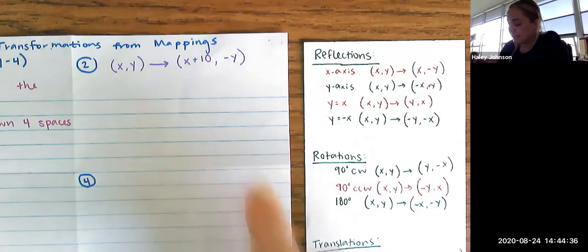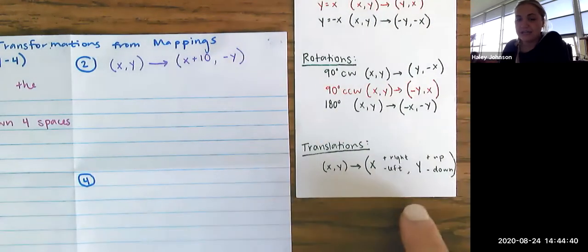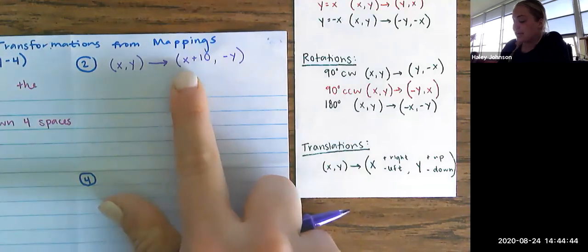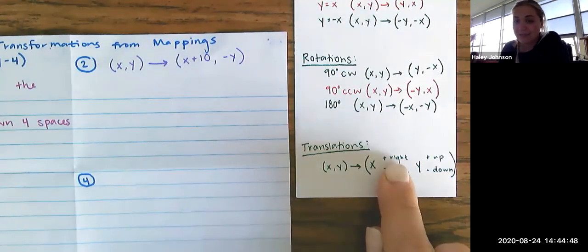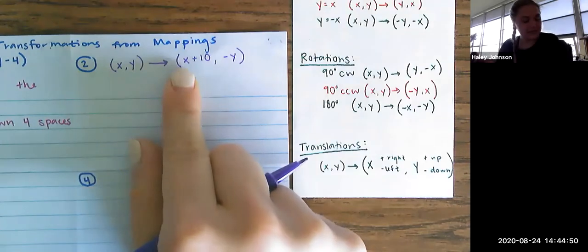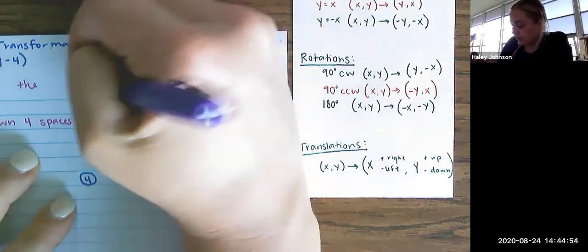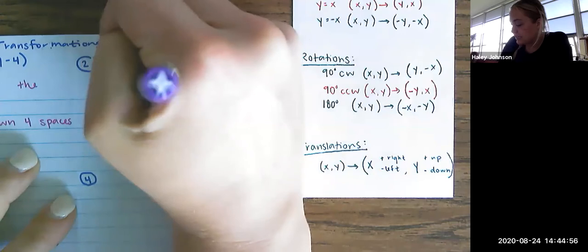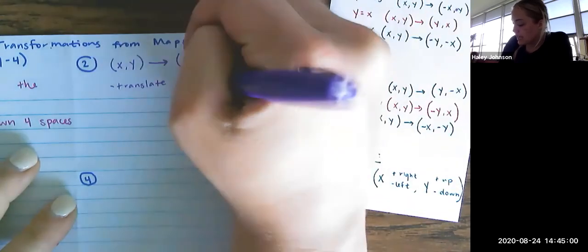Now that x plus 10, I know that that is going to be a translation. I know that at some point there's going to be a translation, and since it's in the x position and it's going plus, that's going to be going to the right that many spaces. So we know that this thing is going to translate to the right 10 spaces. So I can write that down, translate right 10 spaces.